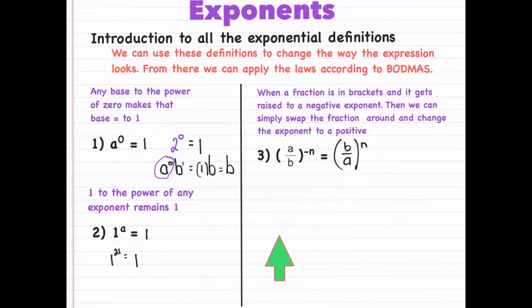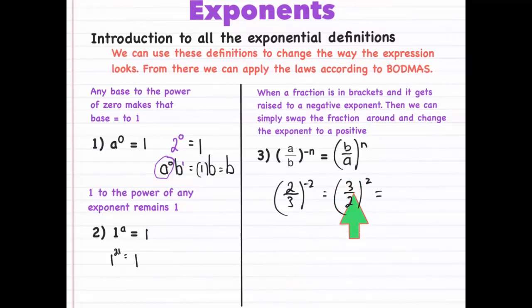So let's have a look at another example, a real example with some numbers. So if we say that this is, for example, 2 over 3 to the power of negative 2, this will simply be 3 over 2 to the power of 2, and then we can continue to apply one of our laws of exponents, which means that this is 3 to the power of 2 and 2 to the power of 2, which will be 9 over 4.